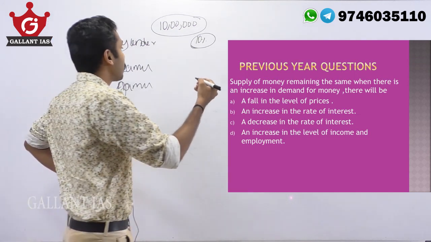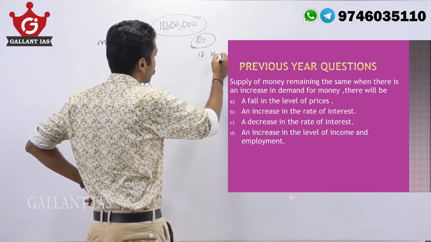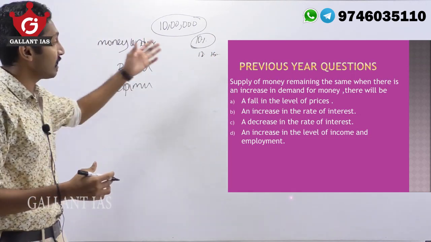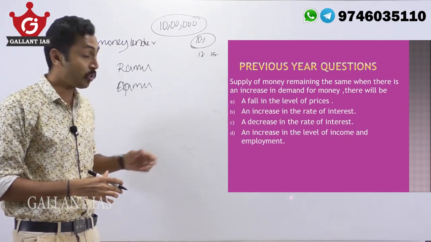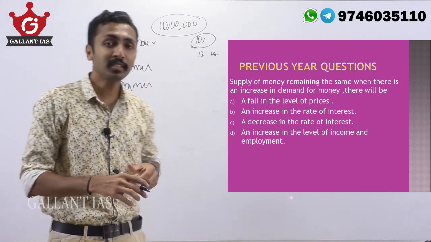You will increase your interest to 12% or 50% or 60%. And whoever is ready to give the increased interest, you will give that money to that person, because there is enough and more demand for money. So that is the situation.